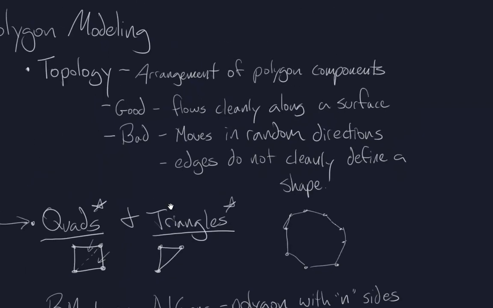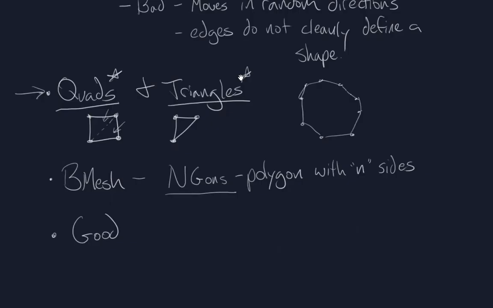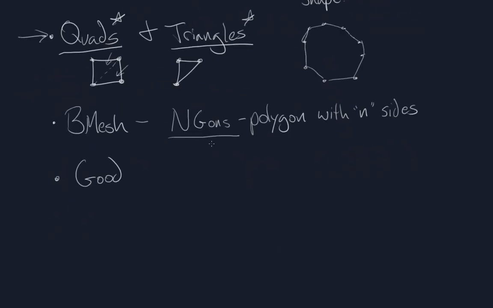Because when I say good topology versus bad topology, really all I'm talking about is the flow of your polygon components. I want to see your edges flowing nicely along the surface. I want to be able to look at the wireframe and clearly see exactly what that shape is trying to define. But you don't necessarily have to have good topology to have quote-unquote good geometry. There's a difference.